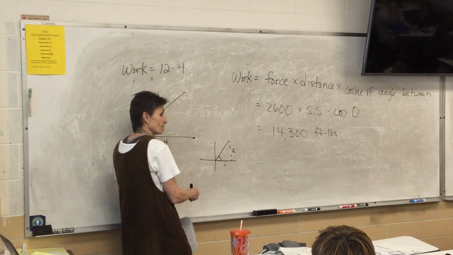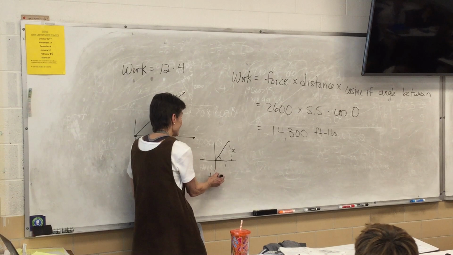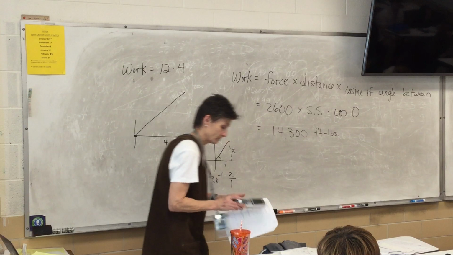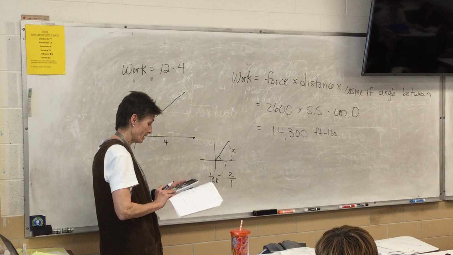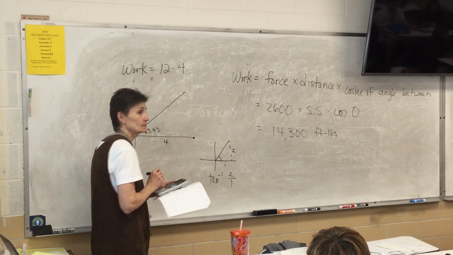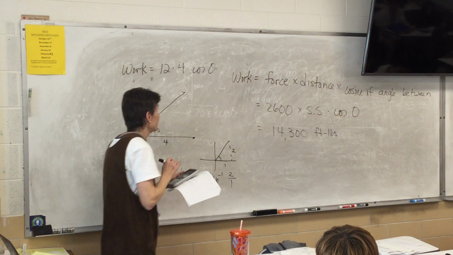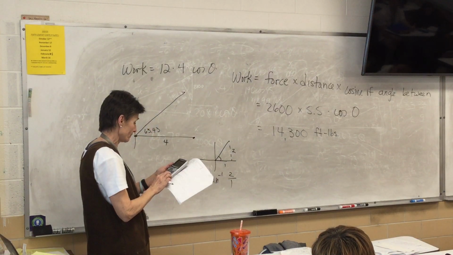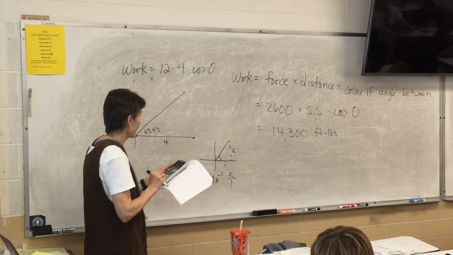How would I find that angle? Inverse tangent, 2 over 1. So inverse tangent, 2 divided by 1. That angle is 63.43. I'm going to take the cosine of that angle times 12 times 4. And I get my work.